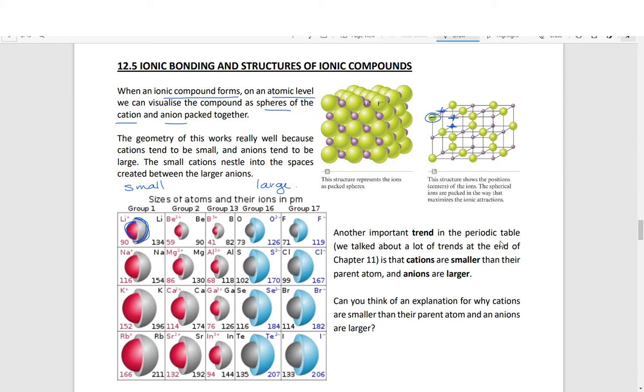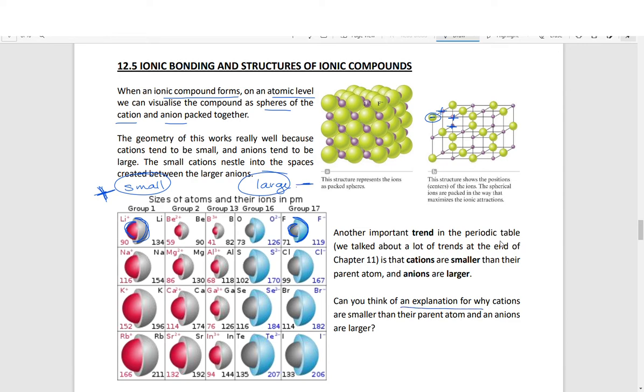It's lost an electron and got smaller. Over here, the fluorine element is smaller than the fluorine ion. It's gained an electron and it's larger. So it's not just the overall size, but these relative sizes. Remember I said the positive ones are small and they nestle in amongst the anions.